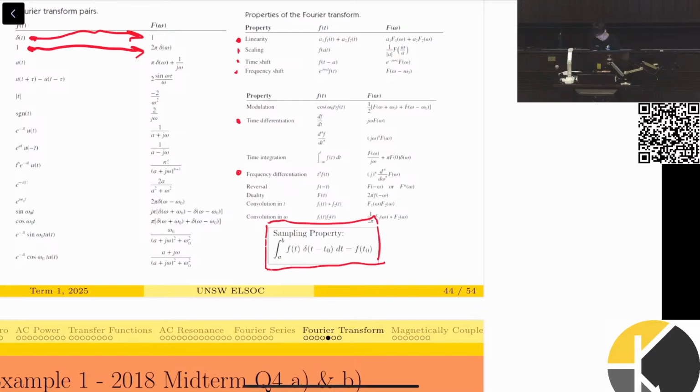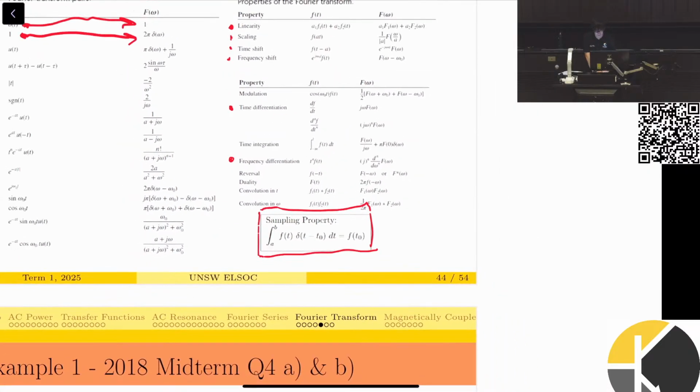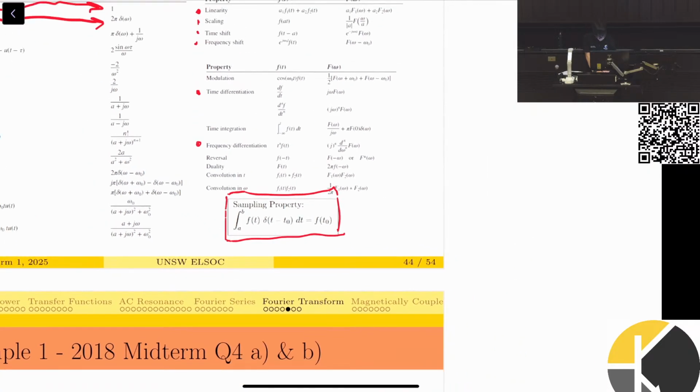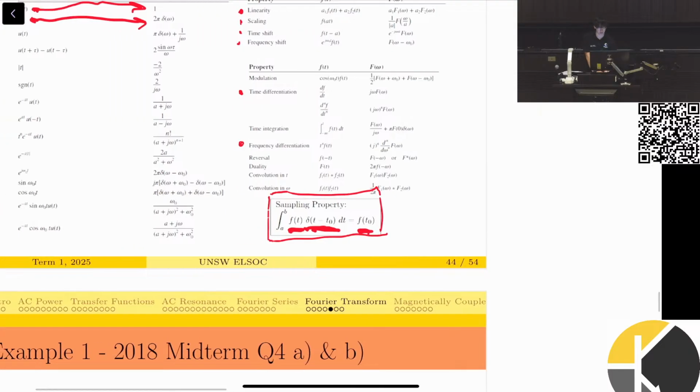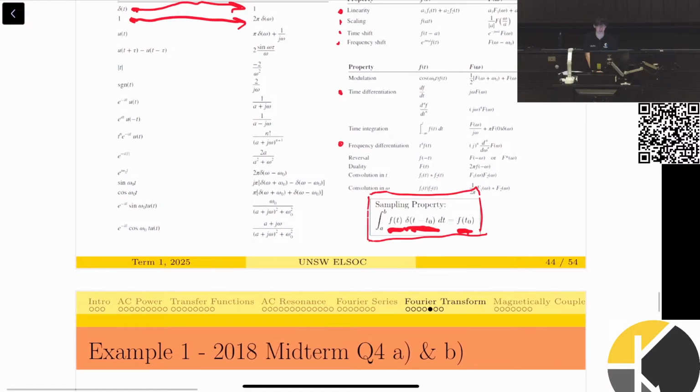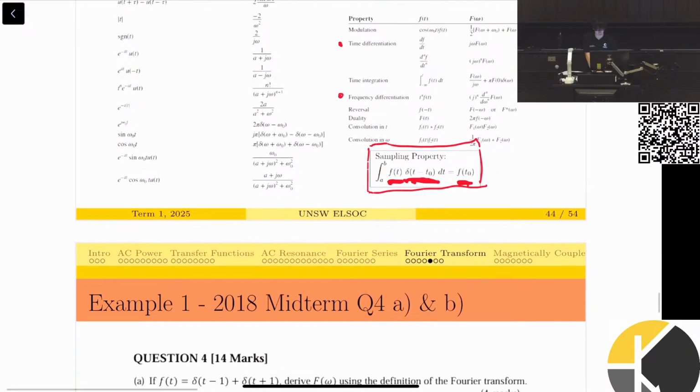Sampling property is very, very useful as a shortcut. So we can see that with sampling property, when a function of time is multiplied by the impulse function at some time t0, the result of this integral is simply the function when we sub in that time value. So we'll see in this question that's coming up now how that's used.